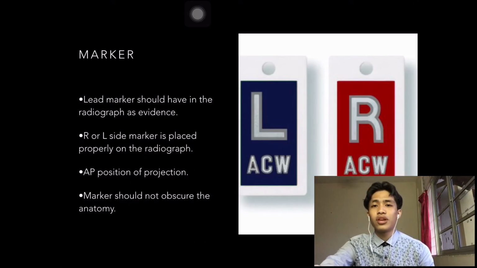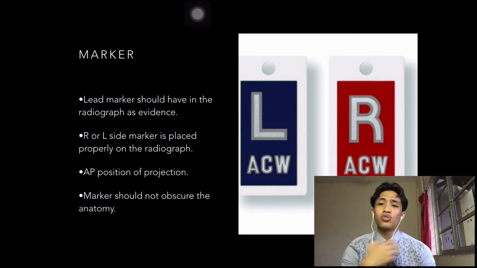Then we move to the M. M stands for marker. Marker is very important for the doctor to diagnose the disease based on our radiograph. The lead marker should be in the radiograph as evidence, which is left or right.